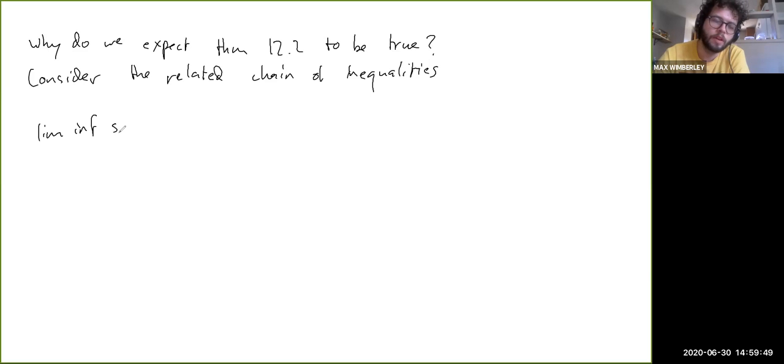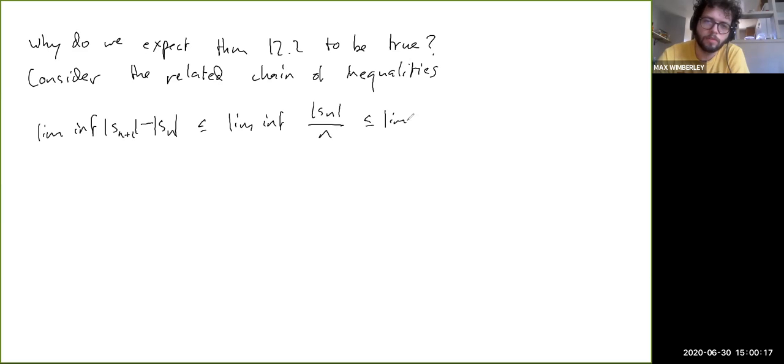So lim inf of the absolute value of Sn+1 minus Sn, not that it really matters, I don't think, would be less than or equal to the lim inf of Sn over n, less than or equal to lim sup of Sn over n, less than or equal to lim sup of Sn+1 minus Sn, right?